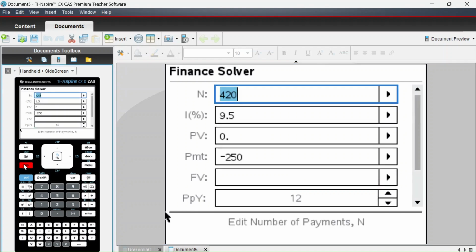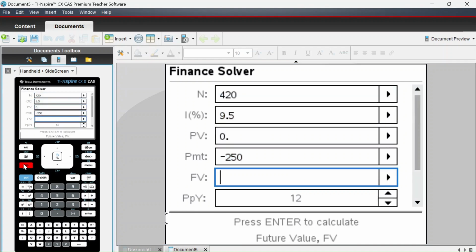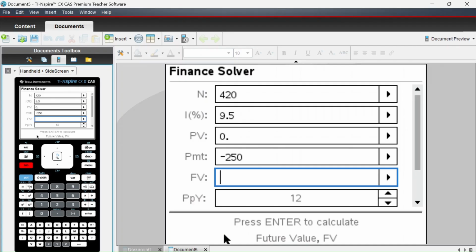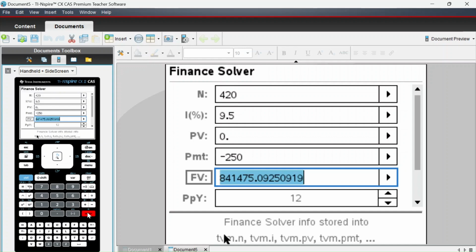So now I'll tab around and get the future value. I'll just double check that I remembered everything correctly. I think that's all right. Yep. Okay, I'm going to push enter. And that is how much money Danielle will save up over this period of time: $841,471 and 9 cents. Not bad.